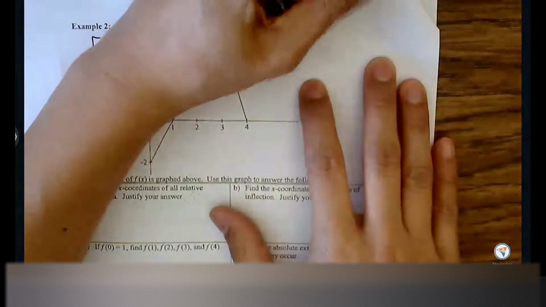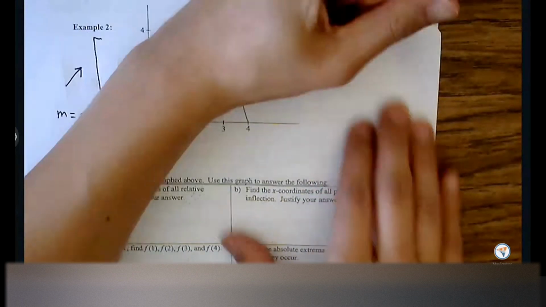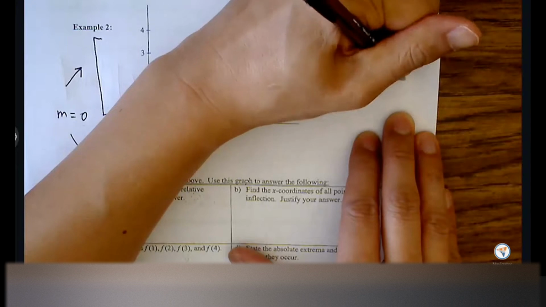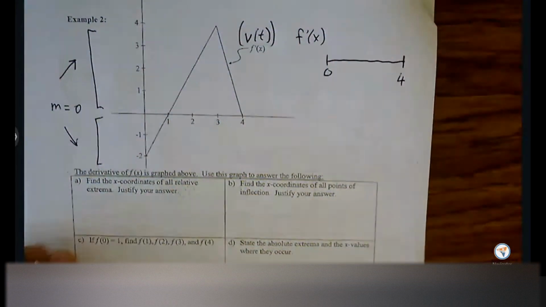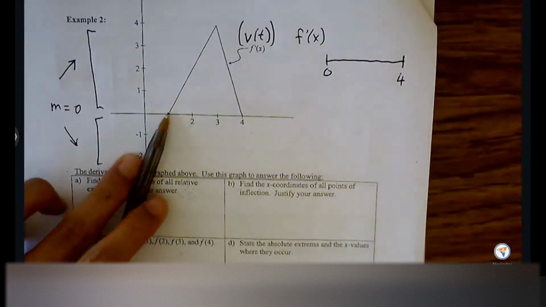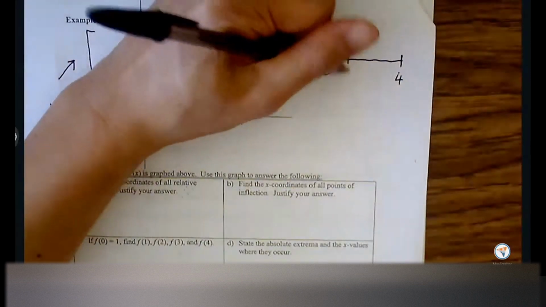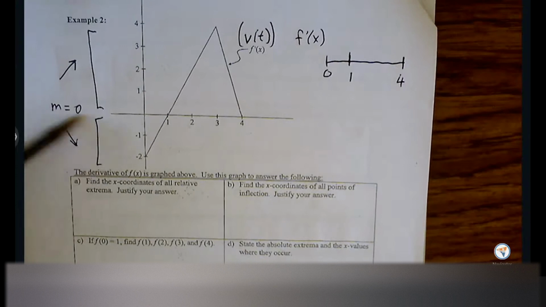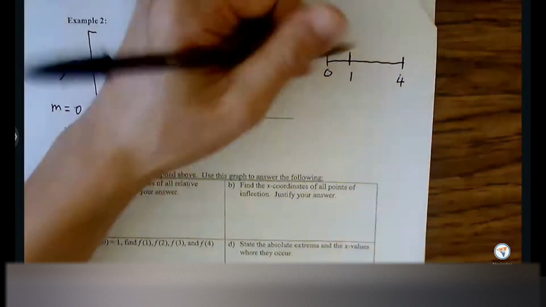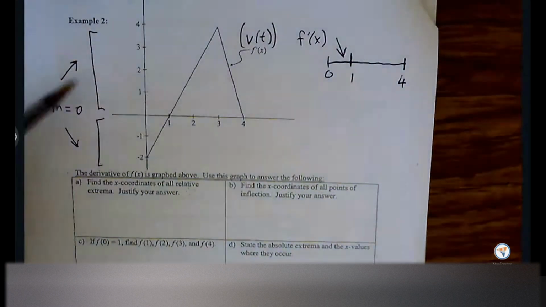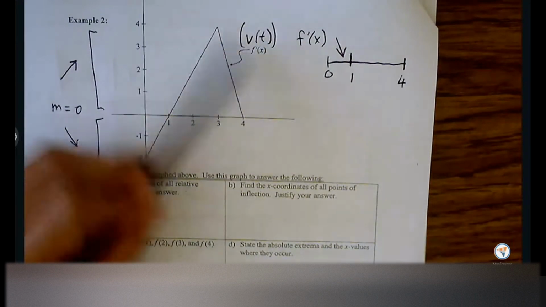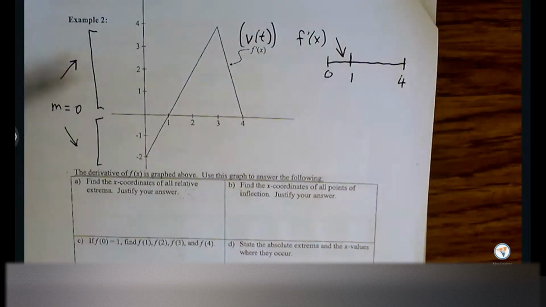So I'm going to just create a slope sign line and try to get a picture as to what the original graph looks like. My critical point is at 1. And between 0 and 1, negative slope. Between 1 and 4, we see positive and negative slope, but all this is just variations of positive slope, right? Some steeper than others, but they're all positive slope.